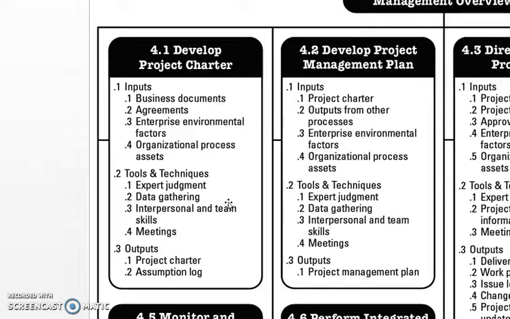Then outputs from other processes. To prepare the project management plan, you have to look at the scope management plan, schedule management plan, quality management plan, procurement management plan, stakeholder management plan, risk management plan. The outputs from those knowledge areas or processes will be the input to this process, develop project management plan.